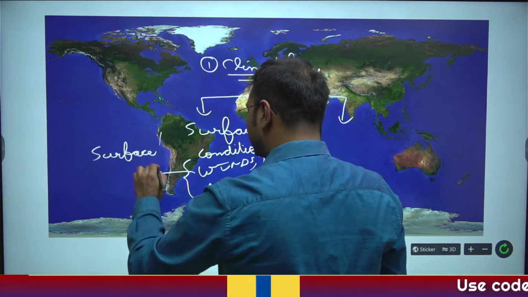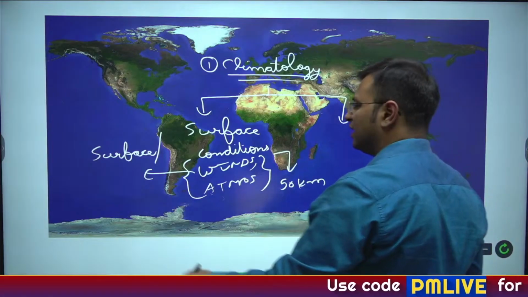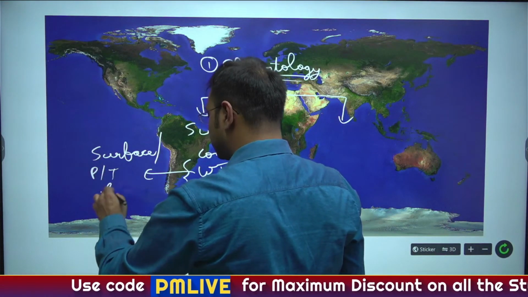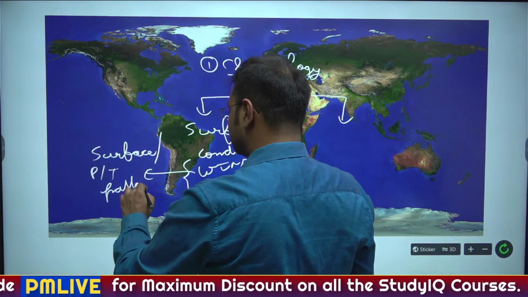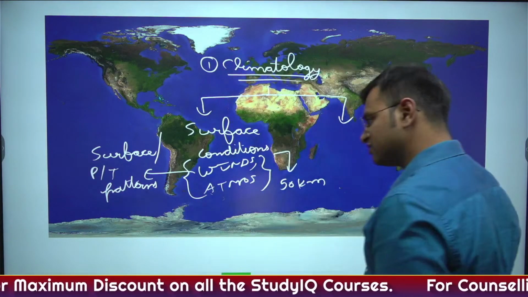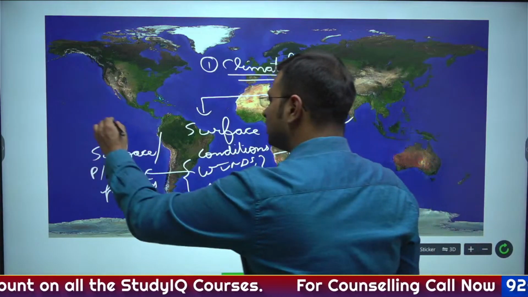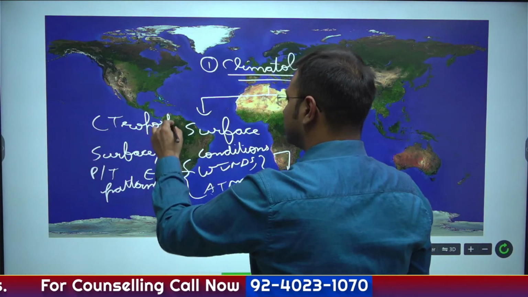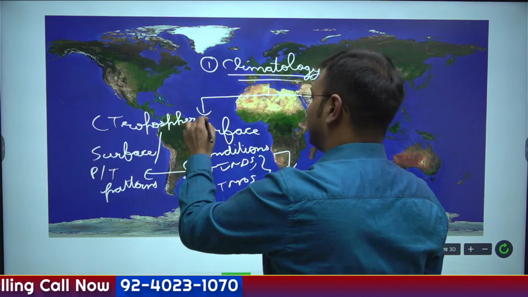We'll also target the pressure and temperature patterns. So the significance of the atmosphere till the first 50 kilometers, and winds till the troposphere, because that is referred to as the weather layer.